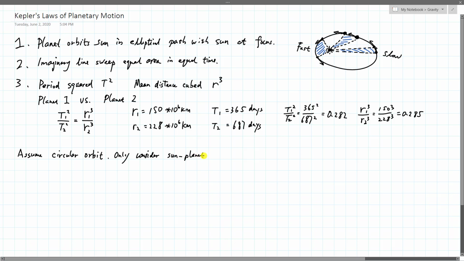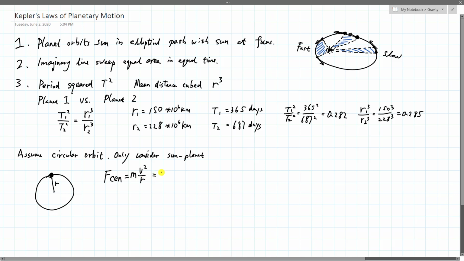Let's draw a diagram now. Now we have an orbit, right? There's a distance r here, and we know that the planet is experiencing uniform circular motion in a circular orbit. So the planet would require a centripetal force of magnitude mv squared over r. And what is providing this force?